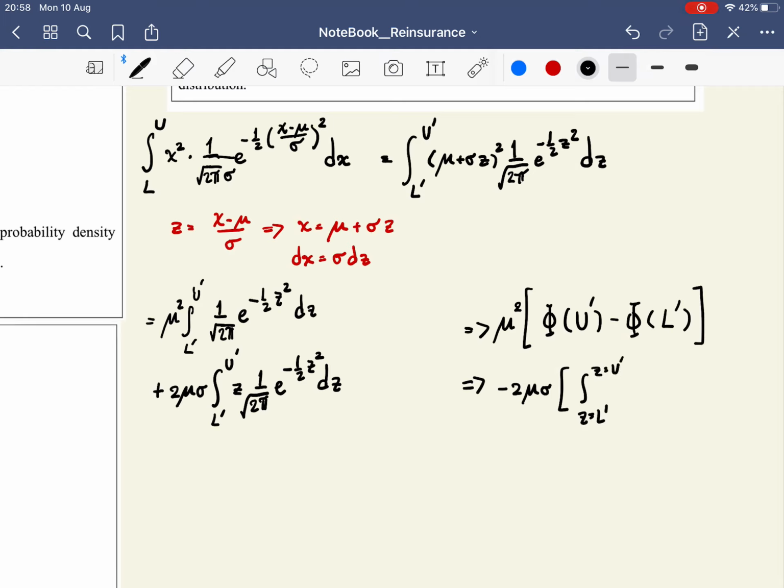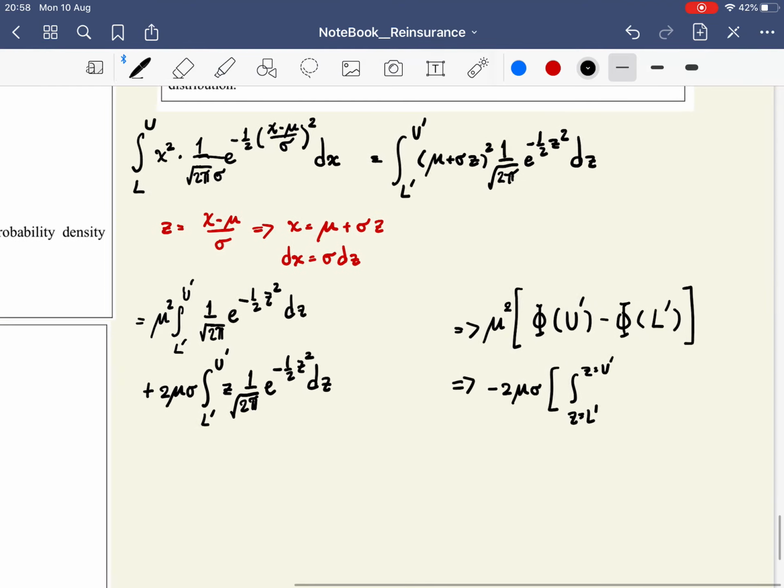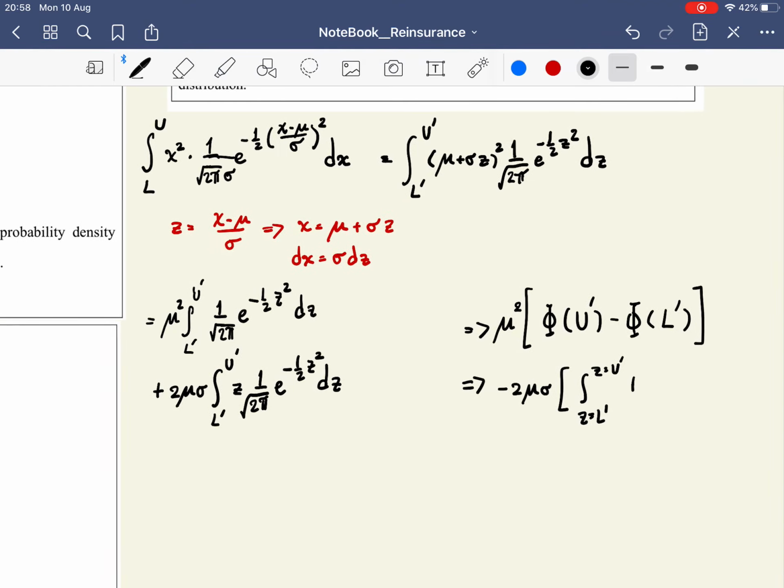We have it because we have to do one more substitution, right? We have 1 over square root 2 pi and e to the power of u du. In case you are confused, u is just the negative of 1 over 2 z square.